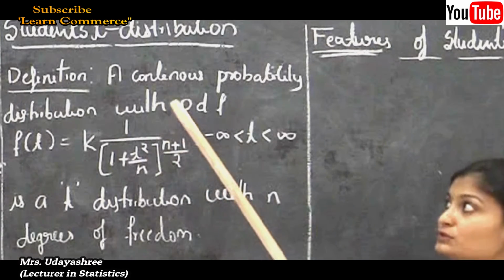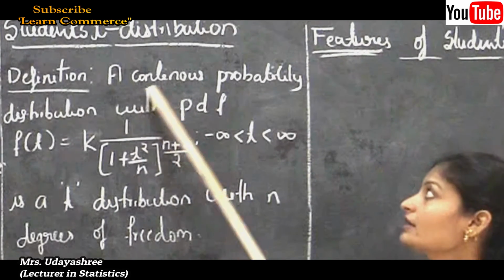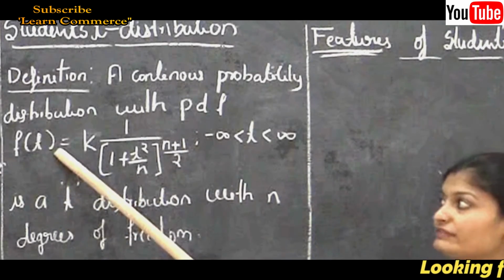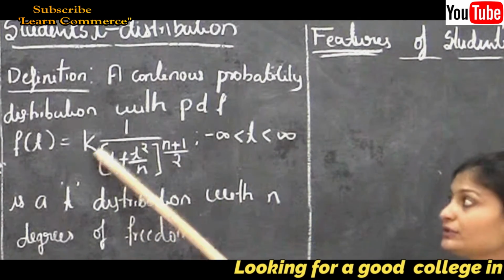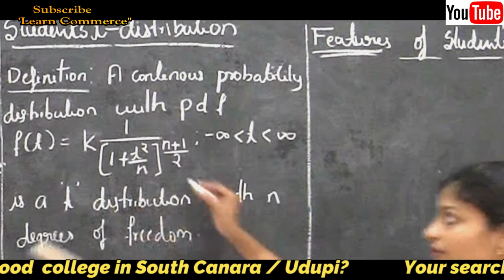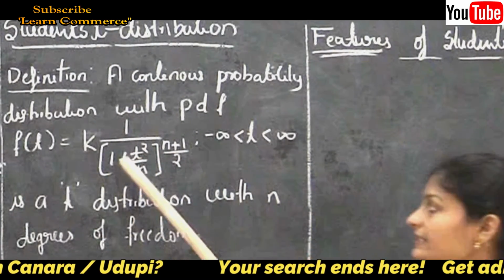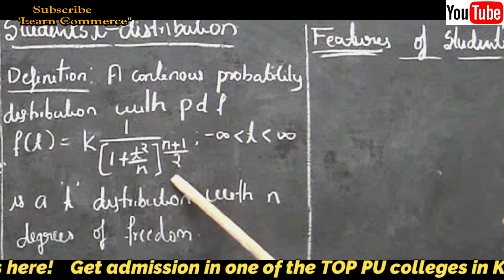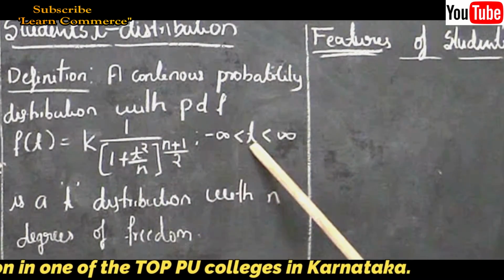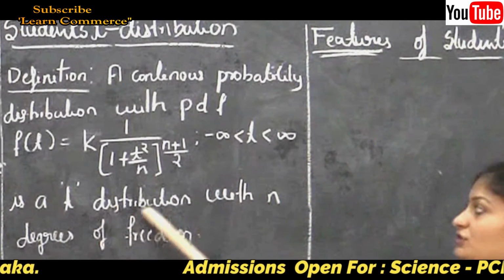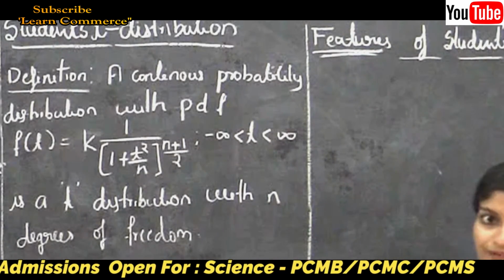It is a continuous probability distribution with probability density function f of t is equal to k into 1 plus t square divided by n, to the power of minus n plus 1 divided by 2. Here t takes the value from minus infinity to plus infinity, and is a t distribution with n degrees of freedom.